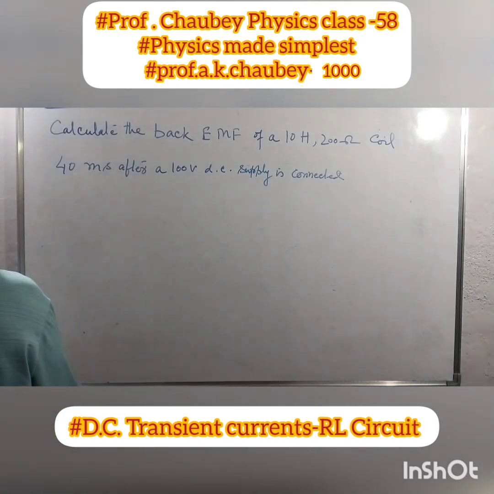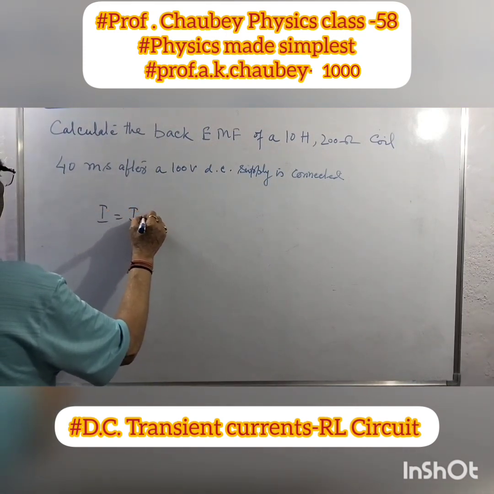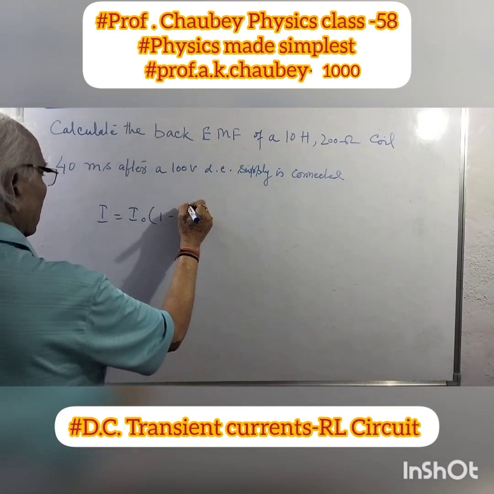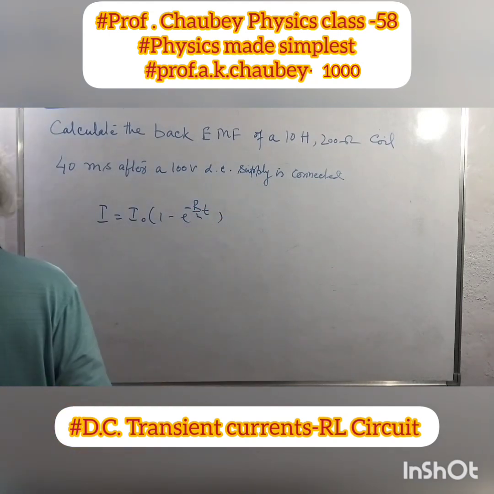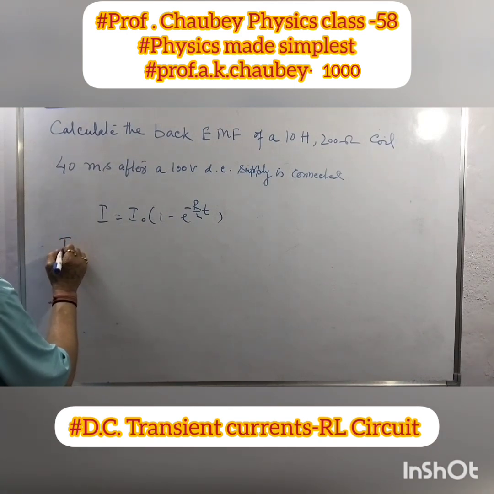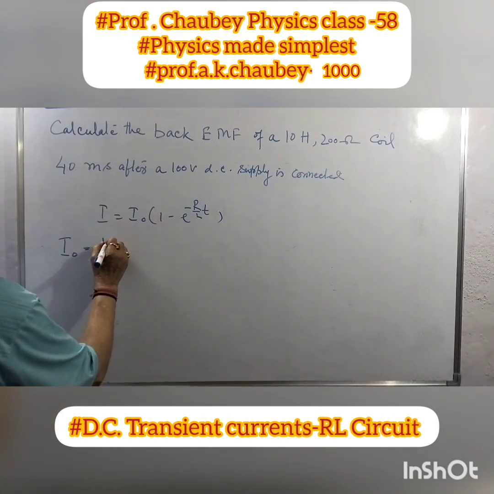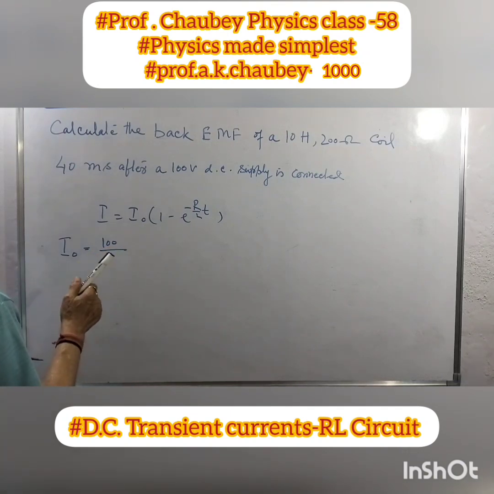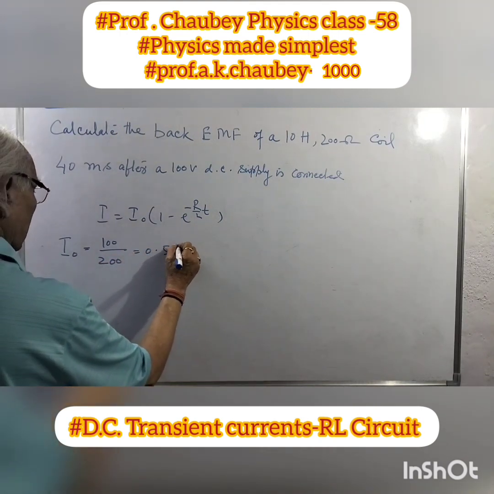So for that you know that I is equal to I naught times 1 minus e to the power minus R over L times T. In this, I naught is the maximum current, which is 100 volt divided by R, R is 200, so it is 0.5 ampere.